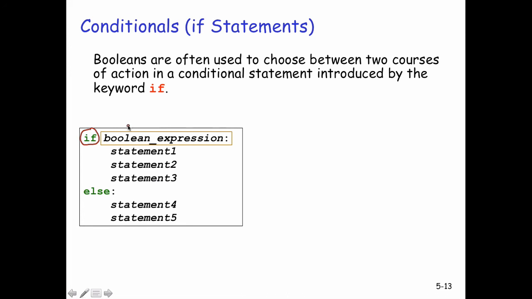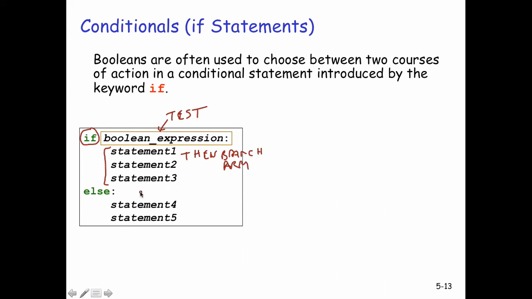The if is followed by a Boolean expression, an expression that evaluates to true or false, which is also known as the test expression of the if statement. If that test expression is true, then all of these indented statements below the if are evaluated. These are said to be in the then branch of the if statement, also known as the then arm.